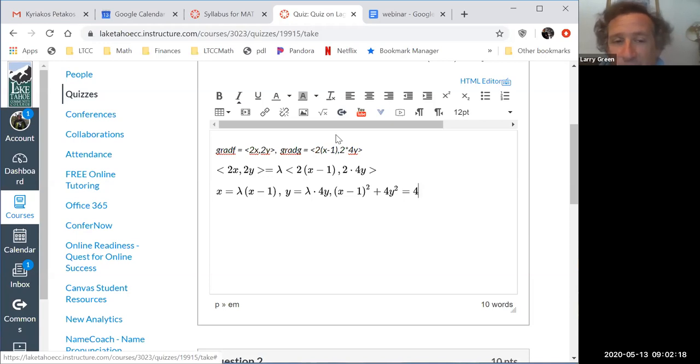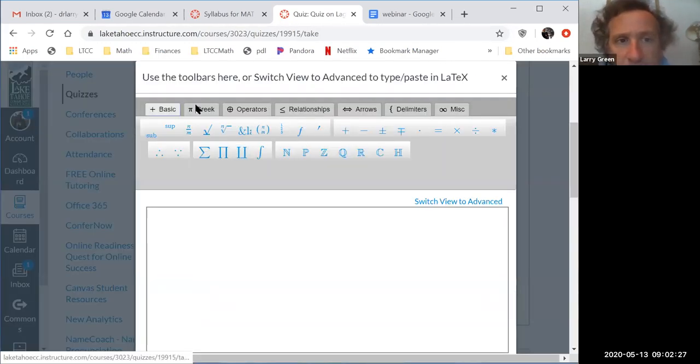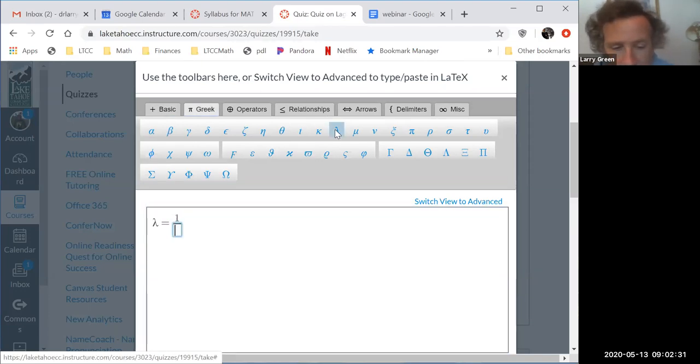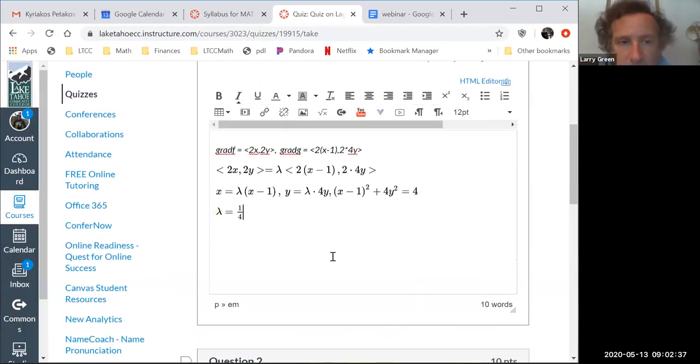That gives us lambda right away. So that tells us lambda equals 1/4, just from the second equation. Is that clear?